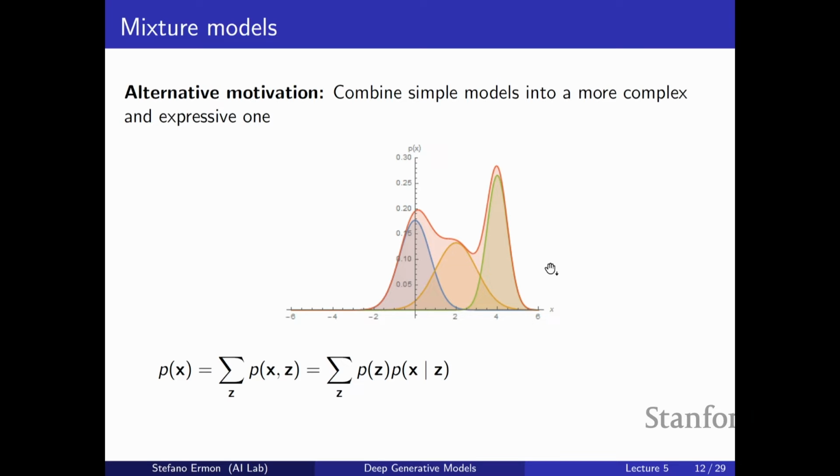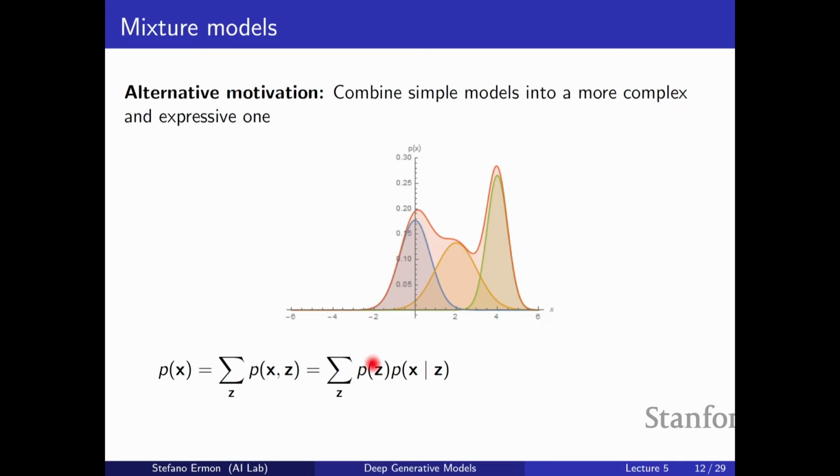Well, it's the marginal. You basically need to say, what was the probability of generating that point under the blue curve, plus the probability under the orange curve, plus the probability under the green curve. And this is just the definition of the marginal probability. You marginalize out the Z.